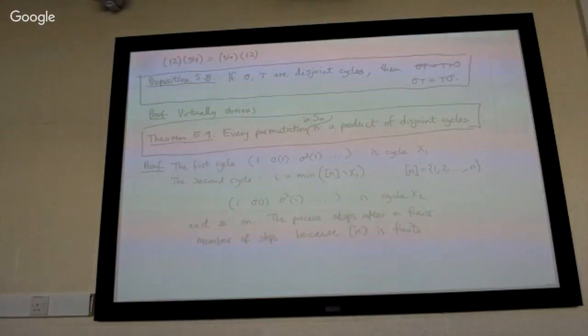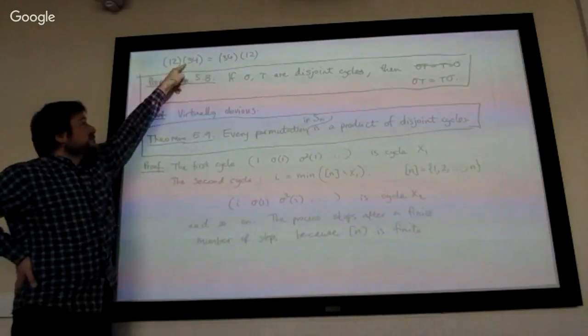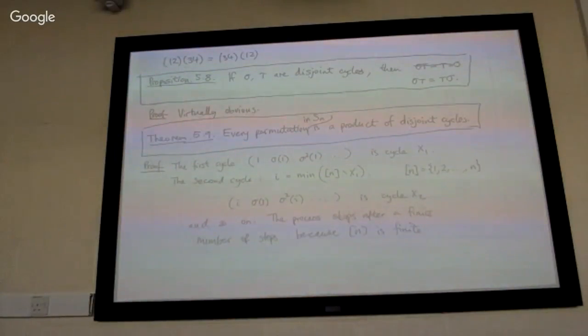So a cycle is: 1 goes to 2, 2 goes to 1, 3 goes to 4, 4 goes to 3. That's the notation that we were looking at, and we ended with the theorem which says that every permutation can be written as the product of disjoint cycles. And we saw how it works, because we saw examples of translating the usual notation of two rows of numbers into cycles.